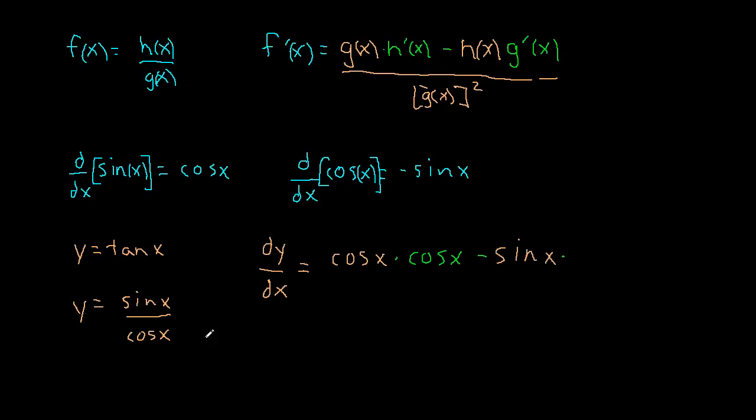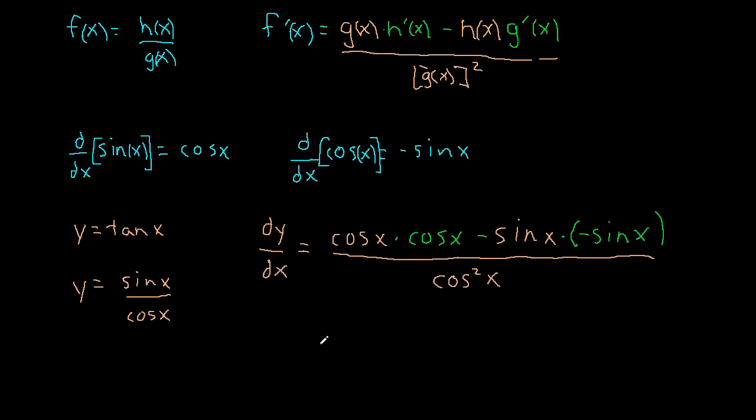And the derivative of cosine is negative sine. I'm actually going to use some parentheses here just to make sure you don't think that we're subtracting these. Okay, so this is all going to be divided by the denominator squared.